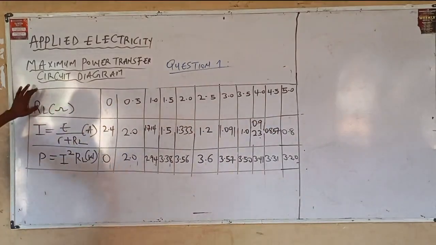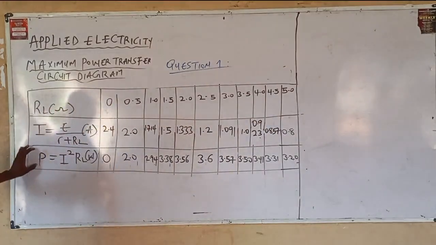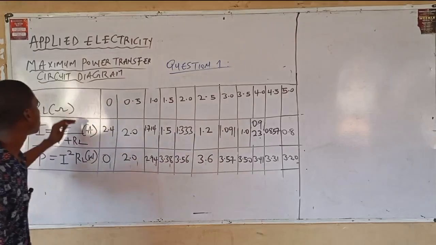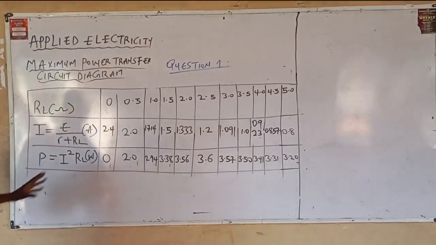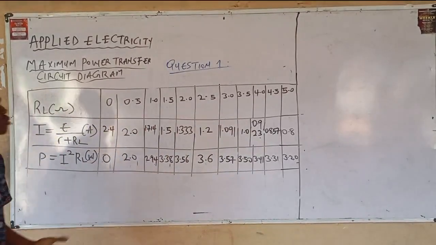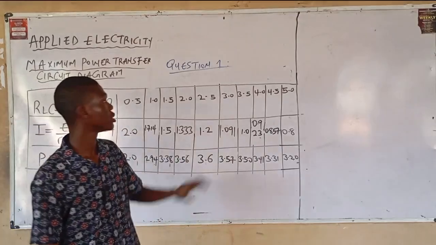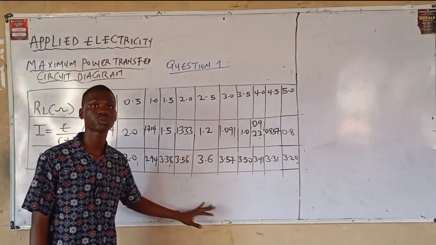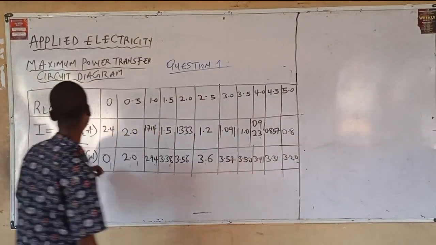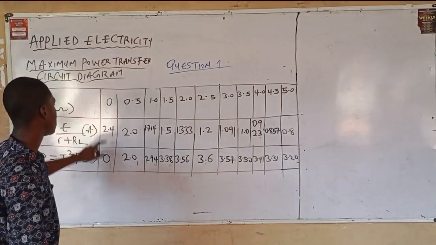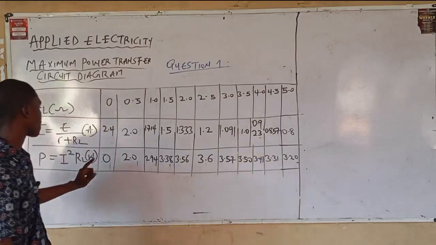So this is the load resistor, this is the current, and this is the power, meaning the power transferred for each load resistor. We've tabulated our values for easier calculation. This is the answer for question 1, which says to calculate the value of power in each case. So when our load resistor is 0, this is my current and this is my power.